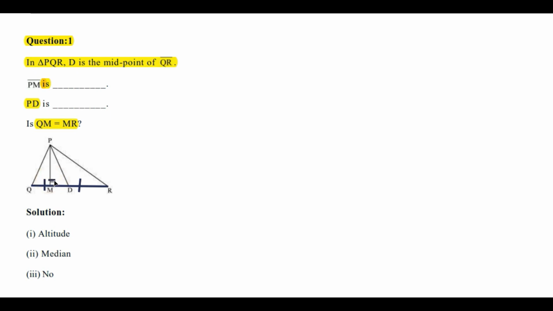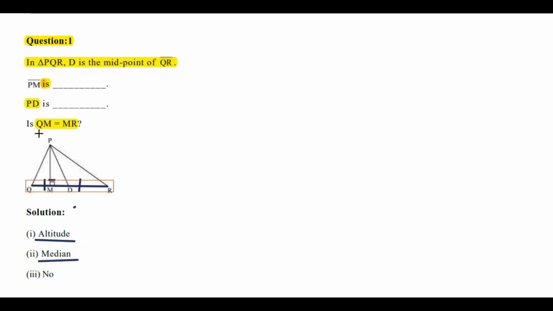This box denotes 90 degrees, and 90 degrees is known as altitude, or you can say height. So PM is the altitude. Whereas PD is a line that goes from the vertex to the midpoint of the opposite side. That line is known as median.